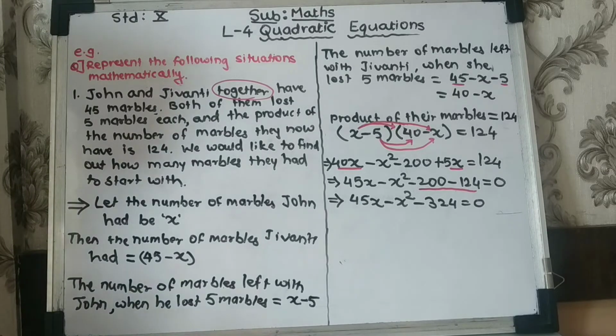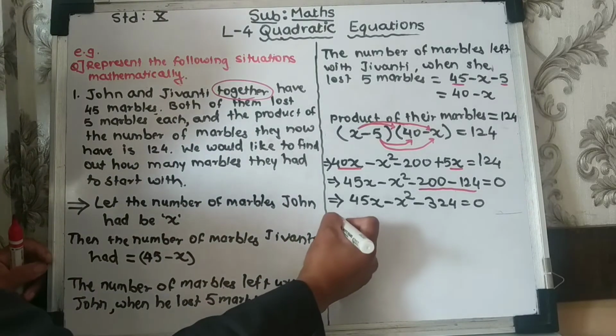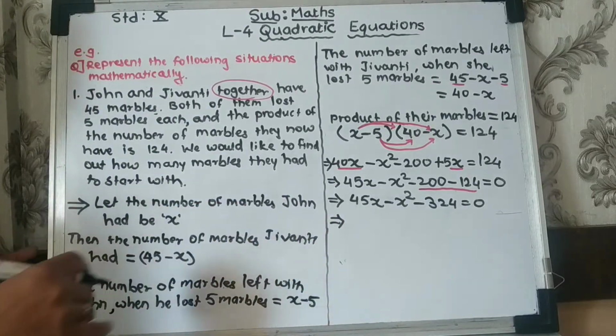Got it? Now is it in the standard form? No. Actually the sum is almost over, but just ask yourself whether the equation we have got is in the standard form. No. So what we have to do to have it in a standard form?